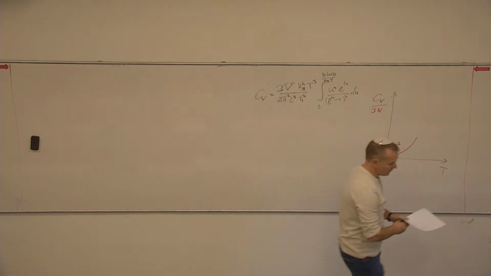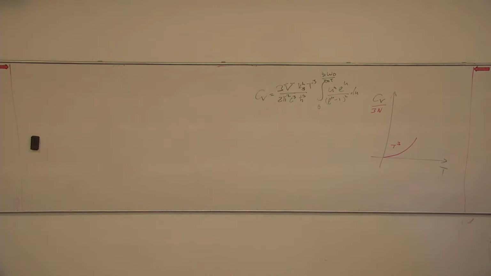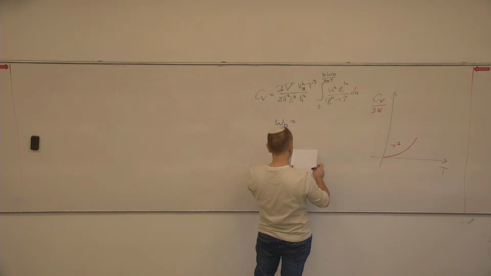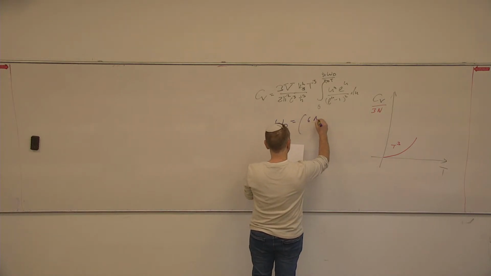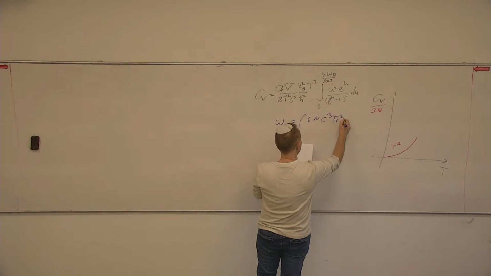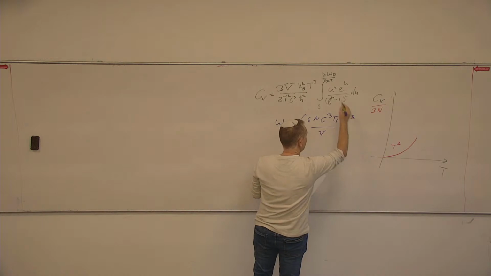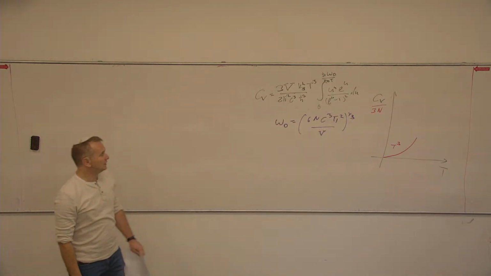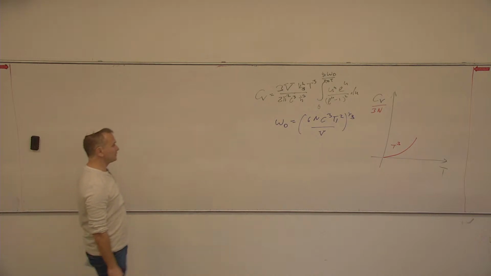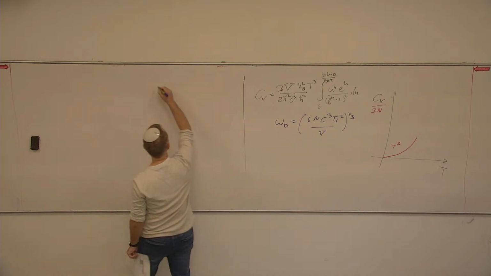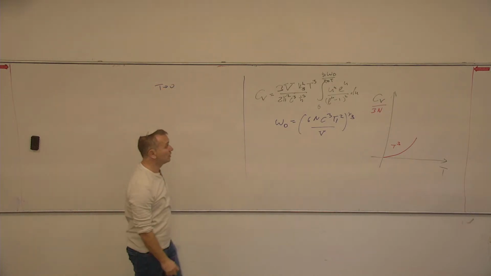Okay? Now, ω_D was 6 c³ π² divided by the volume, to the power 1/3.